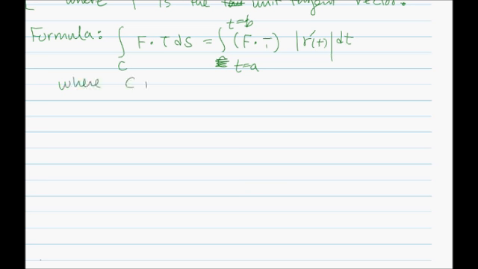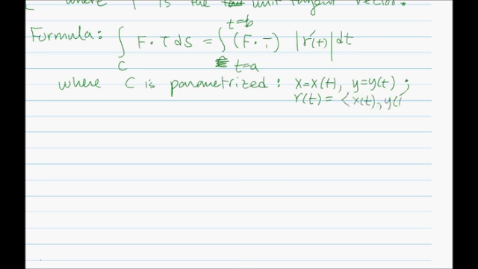So C is parameterized by x equals x(t), y equals y(t), and we write r(t) with these components x(t) and y(t). This is from an earlier lecture.